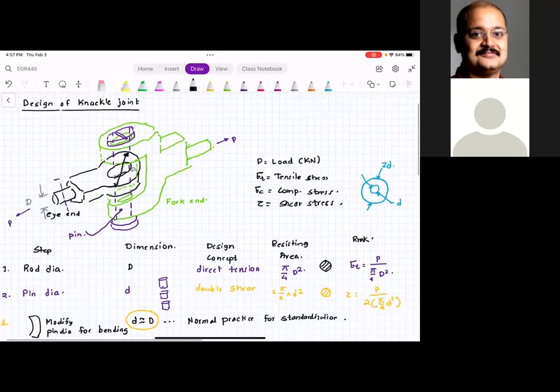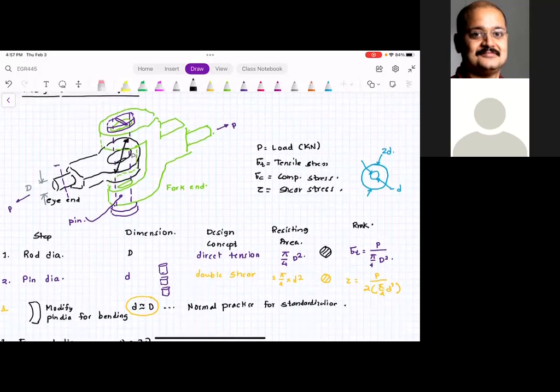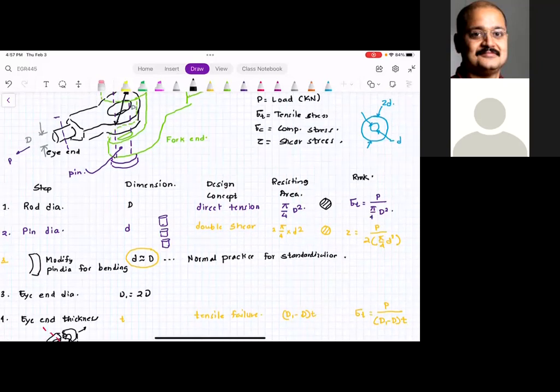So the first step is to design the rod diameter, which is based on the direct tension. Then we design the pin diameter. Pin is usually designed using double shear, but just to make the pin safer for bending, you can use small d equal to capital D.